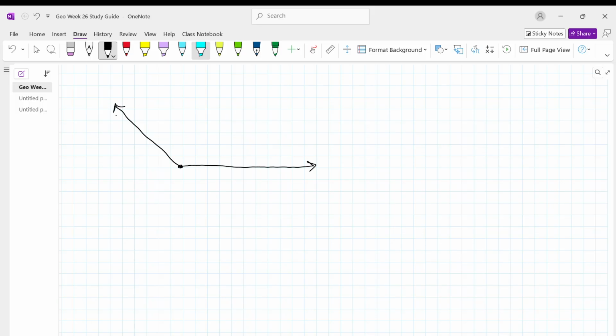If we call this vertex point C, then we're going to say that this measure of angle C, we're going to say 180 is greater than the measure of angle C, which is greater than 90 degrees.